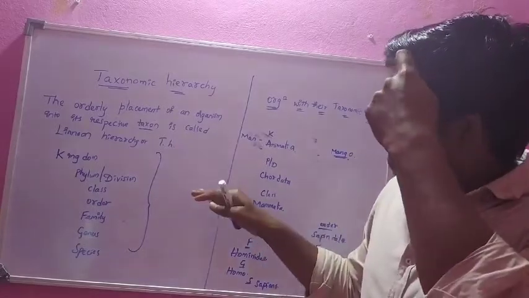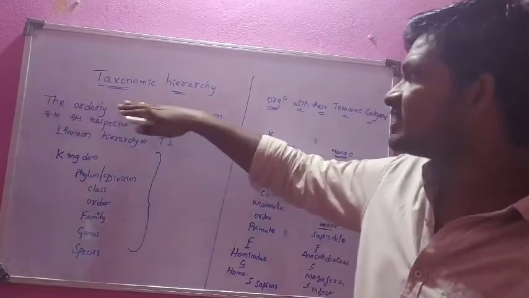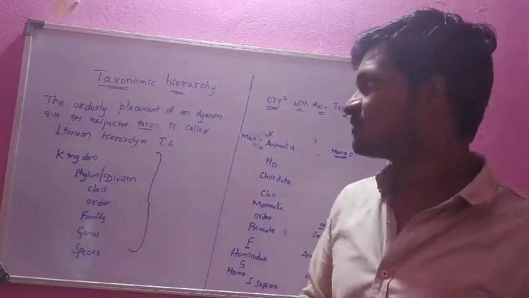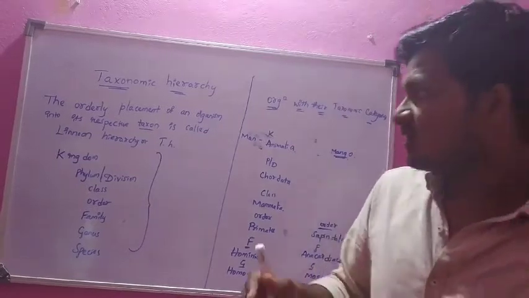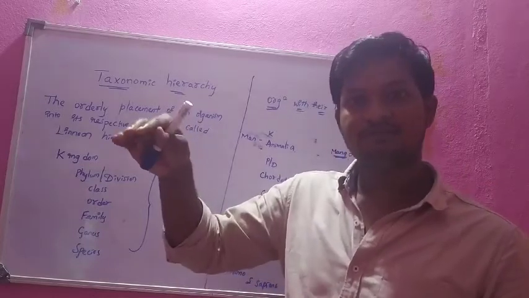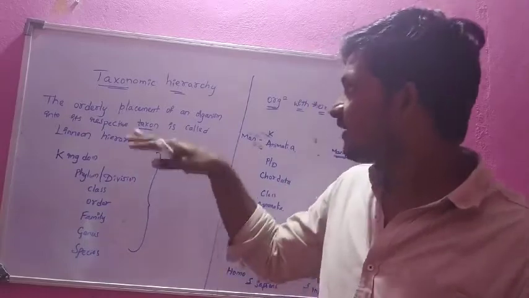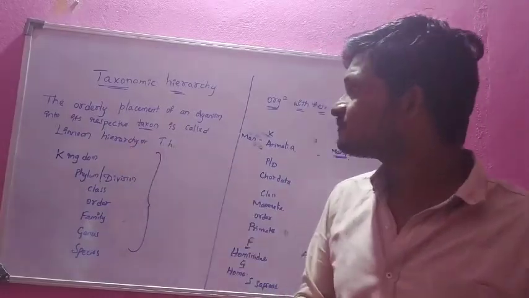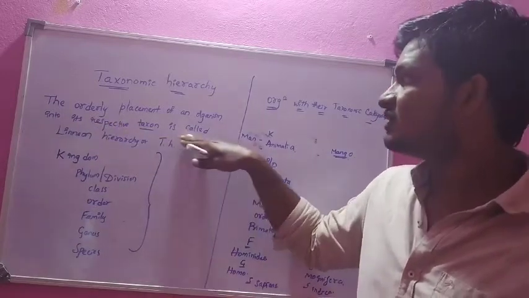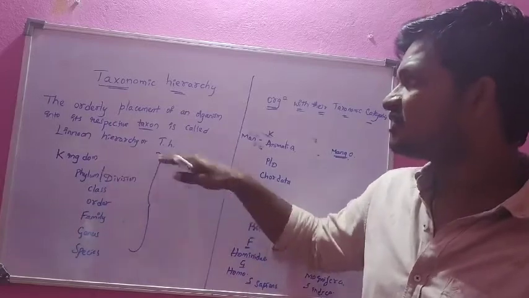The orderly placement of an organism on its respective taxon is called taxonomic hierarchy, which means the organism is placed one above the other. It is also called linear hierarchy or taxonomic hierarchy.